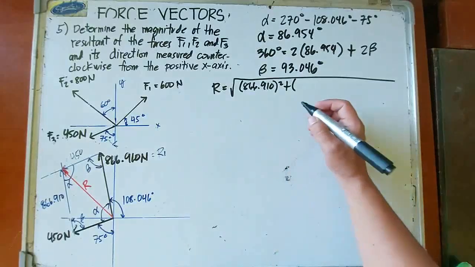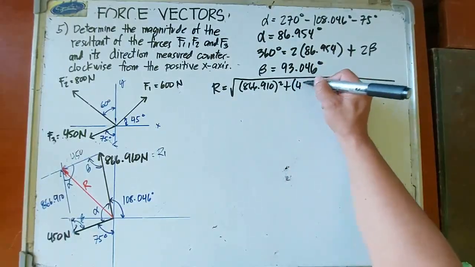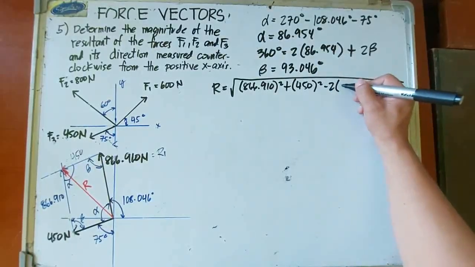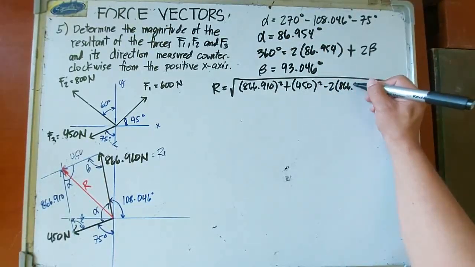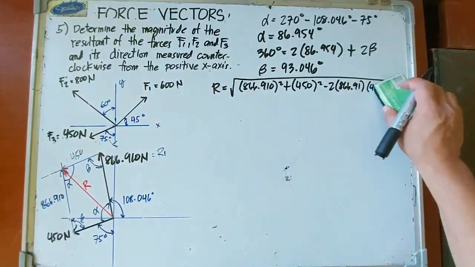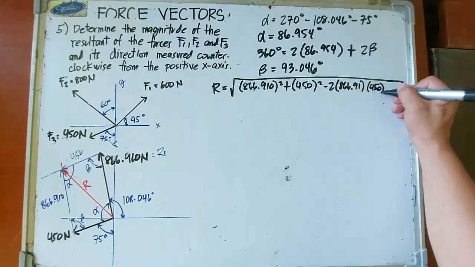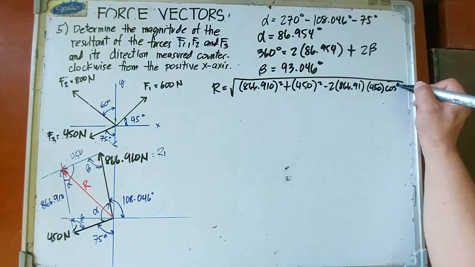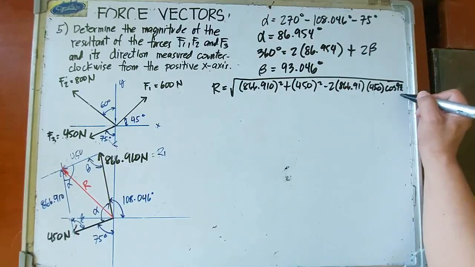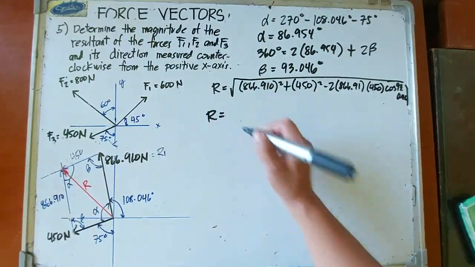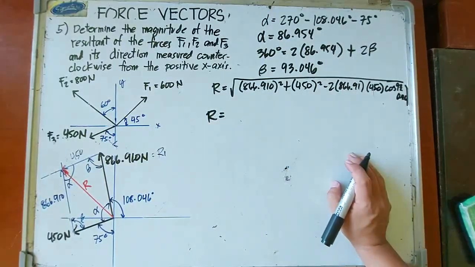Plus we have 450 minus twice of 866.91 times 450 times cosine of 93.046. Okay, ganyan na.